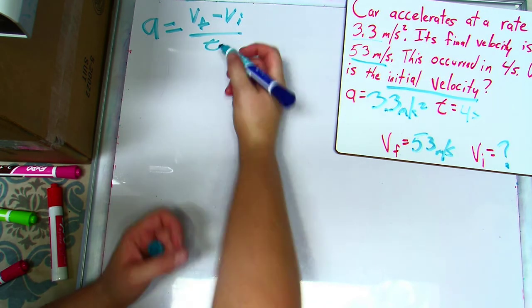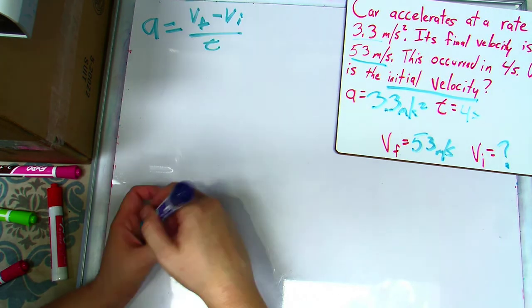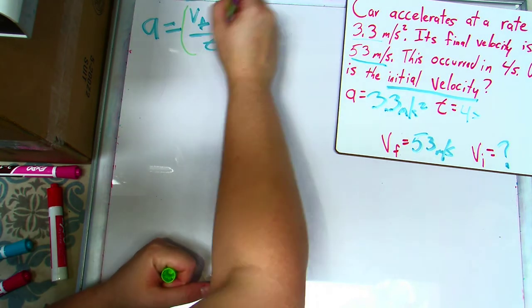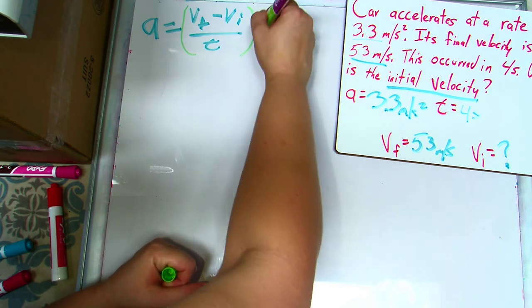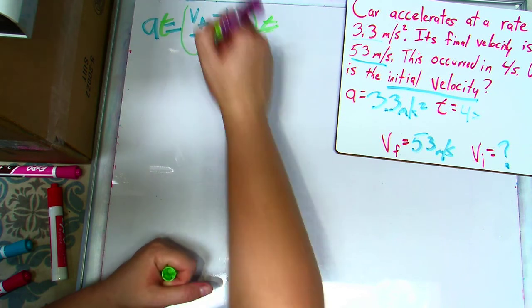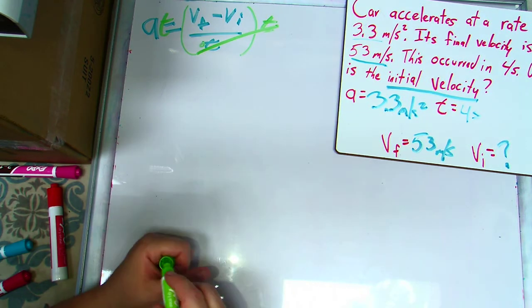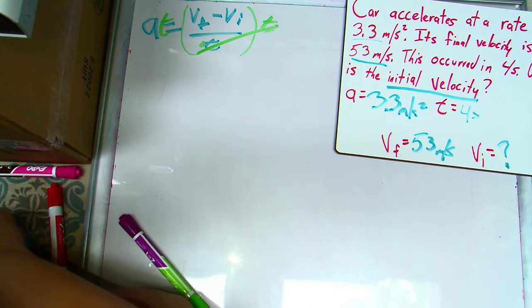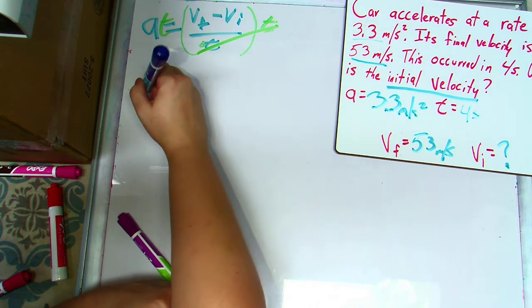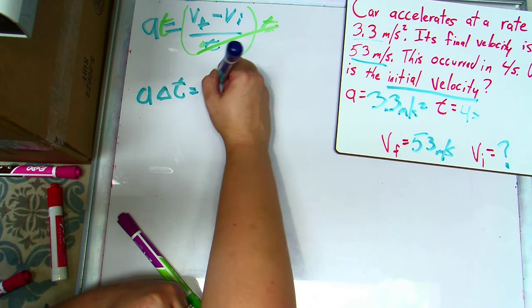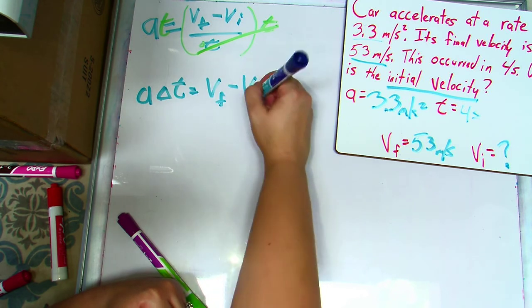That means I'm going to want to get the time out from the bottom. I don't want it in a fraction anymore. I'm going to multiply both sides by delta t. I forgot to put the delta in earlier. I apologize. So now we have acceleration times time equals VF minus VI.